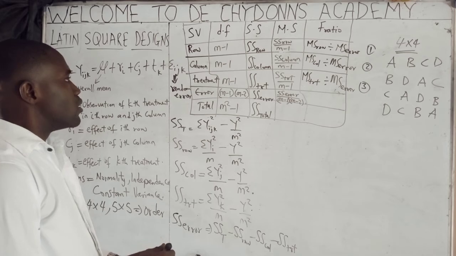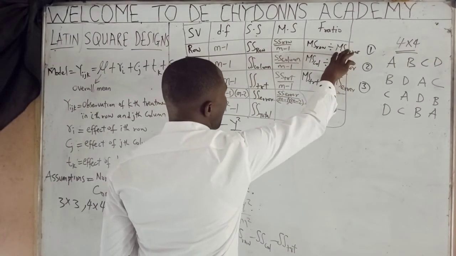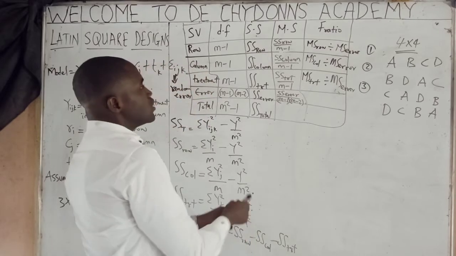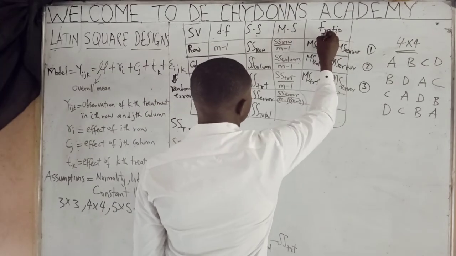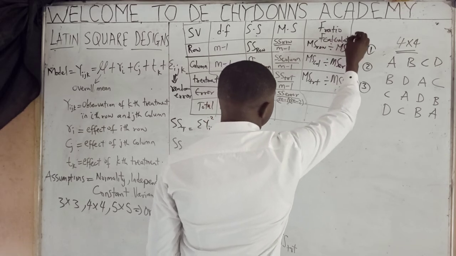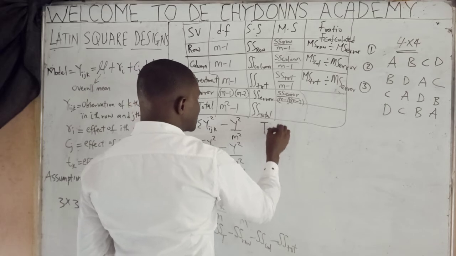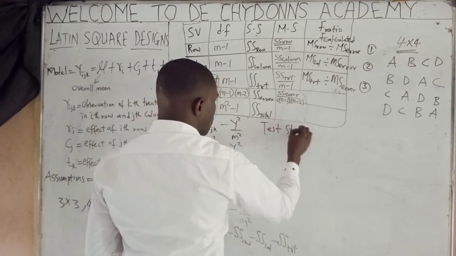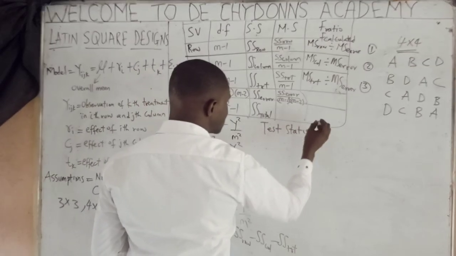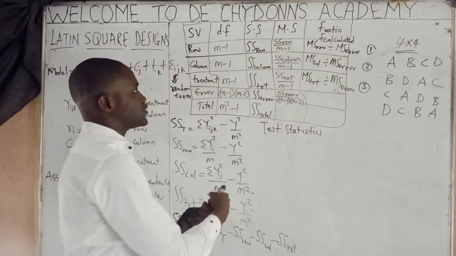So, from here we will be having 3 conclusions. This your F ratio you have here is called F calculated. Then, for you to do your test statistics, because next thing is to do your test statistics to analyze your result or to make conclusion on your results.